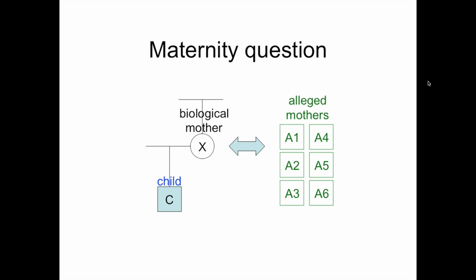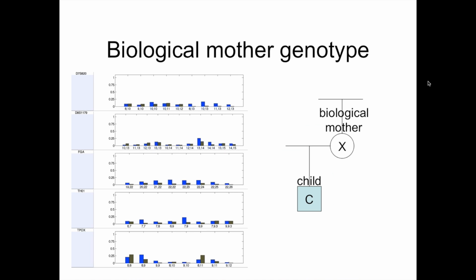What is the genotype of the biological mother? Given we know she comes from the population and her likelihood function is constrained to the genotype C of the child. And then once we know her genotype, then a comparison can be made with the alleged mothers. So this is what the biological mother's genotype looks like for the unknown genotype X.